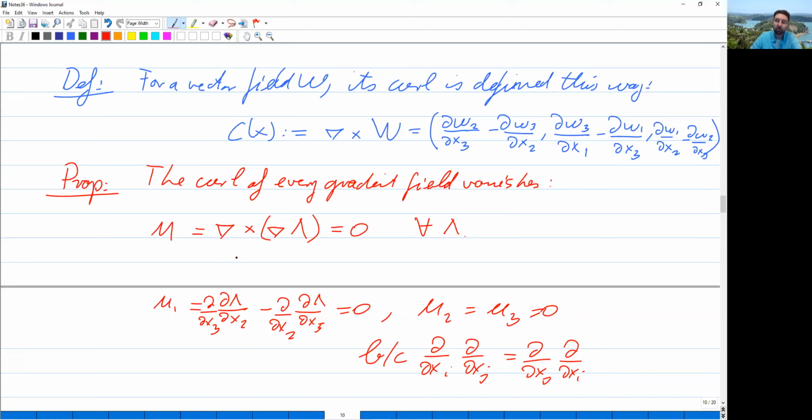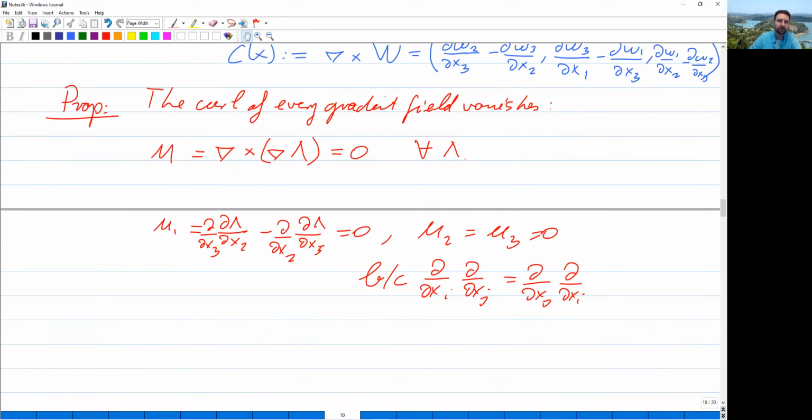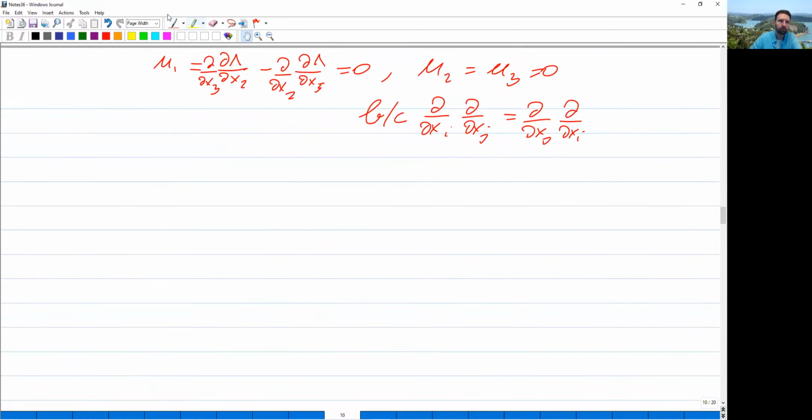Now that's a super important observation for the gauge principle, because here, for the gauge principle, what do we have?